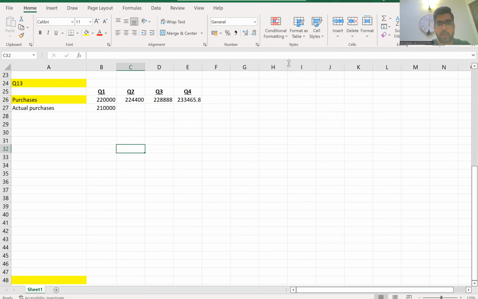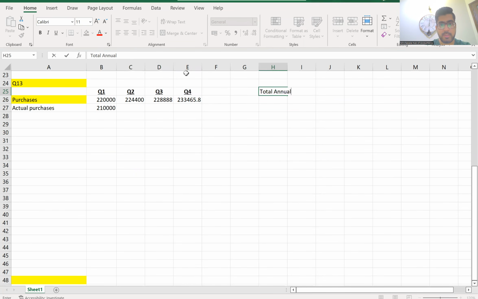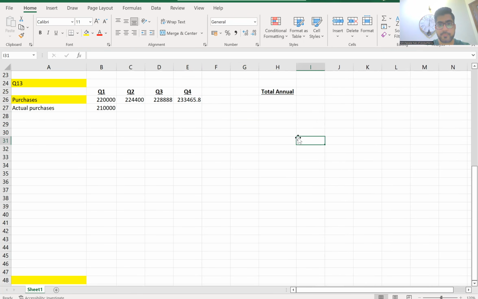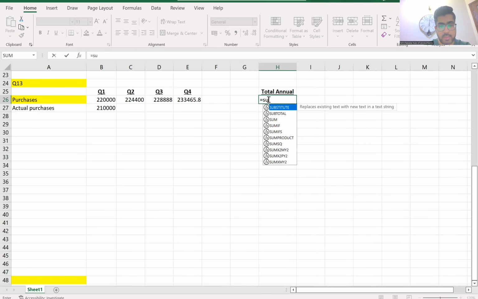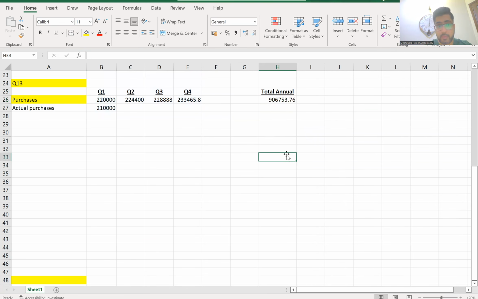So you need a figure for the total annual material purchase budget in the updated budget. If it asked for the total as per the old budget, it would just be the sum of all quarters. But it's asking as per the updated budget.